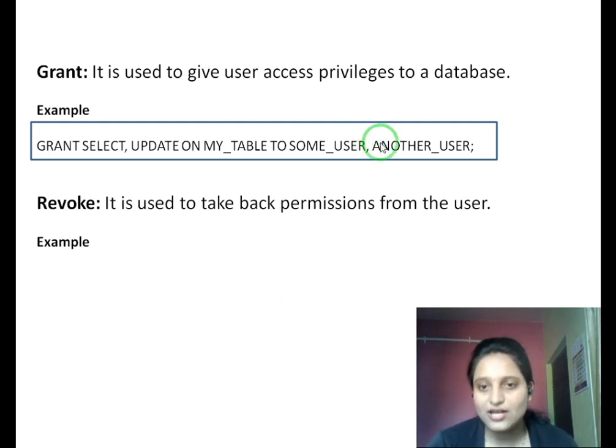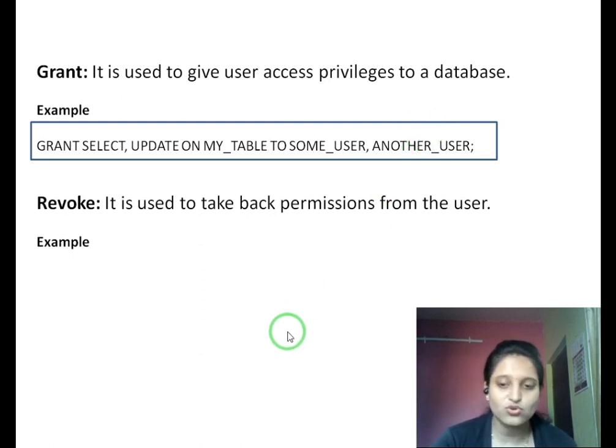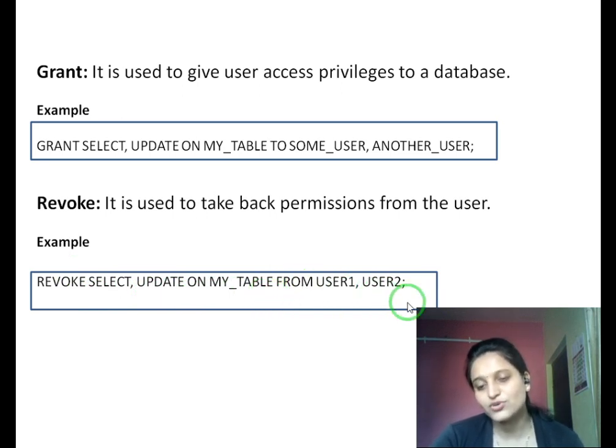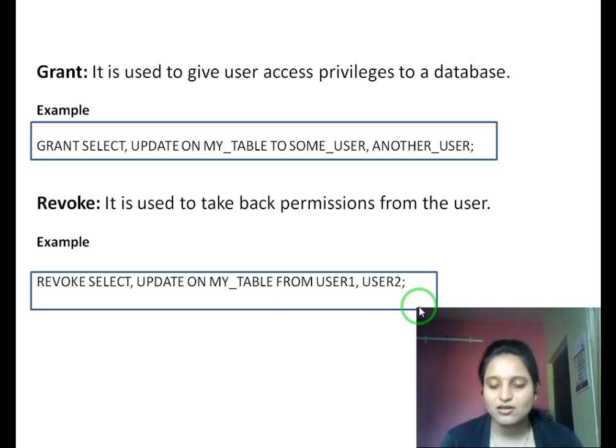Suppose for another user I gave a permission using the grant command, and I want to get back all the permission from that user, then I use the revoke statement. Revoke select, comma, update on my table from user 1 to user 2. In this simple way, we can deny a permission or give access for performing operations on a table or database from user to user using grant and revoke commands. Okay.